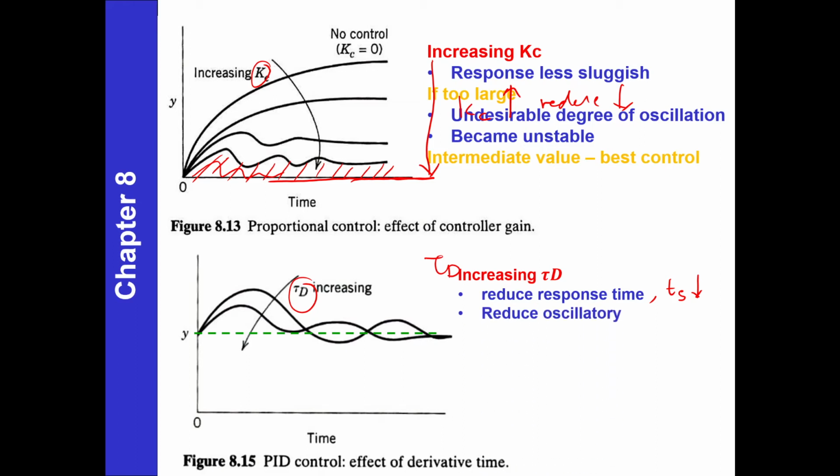It will also reduce the oscillation when you increase tau D. But if we have too large a tau D, the measurement noise is amplified. It will disturb the system. Measurement noise is something like more oscillation.